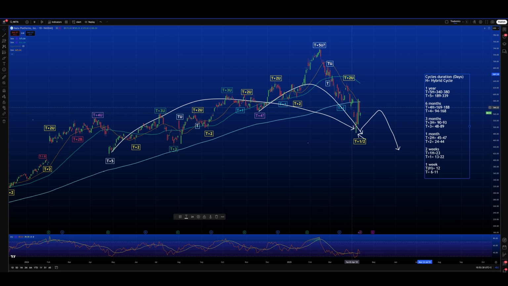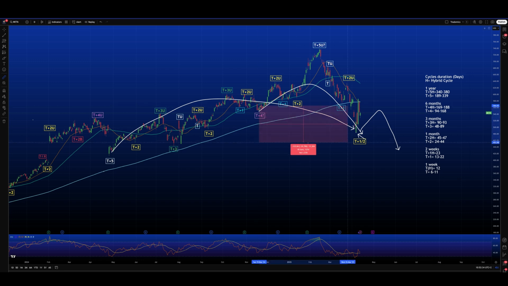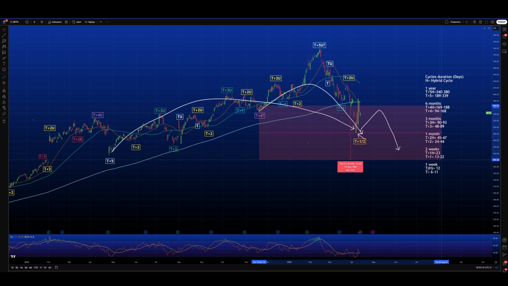We can have a bounce to the upside and then return to the absolute lows. If we gauge the total duration, we can have such a move with a median duration of 130 days up to a maximum duration of 168 days. Maximum duration 168 days theoretically is the 25th of July 2025, but this duration also needs to be attached to the T plus 5 here.